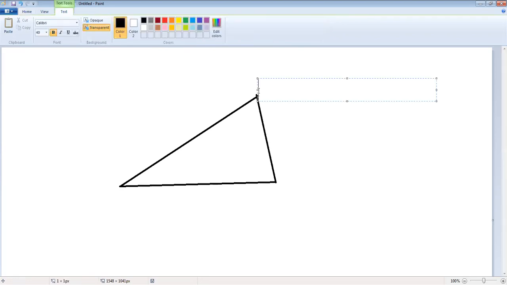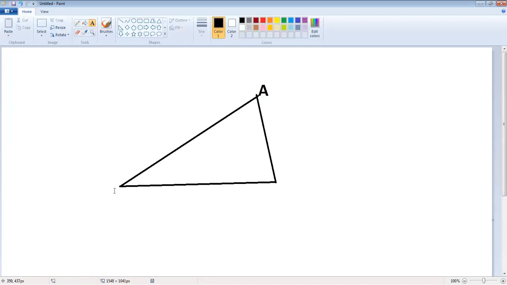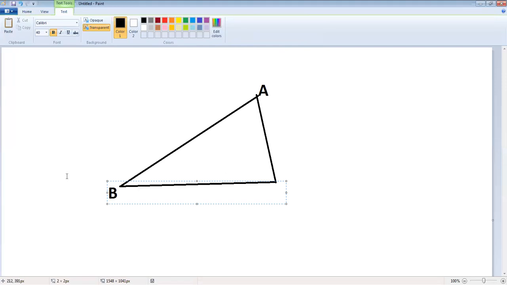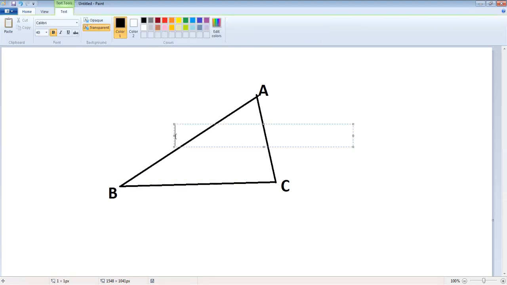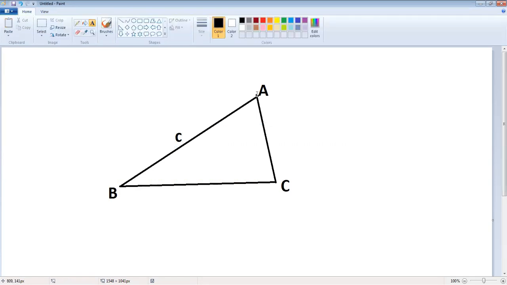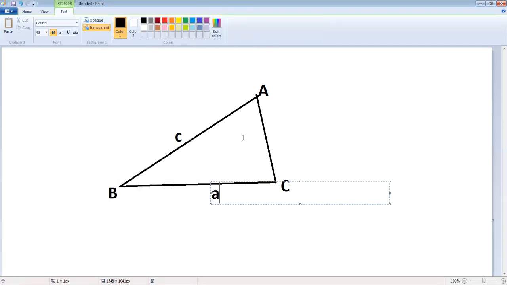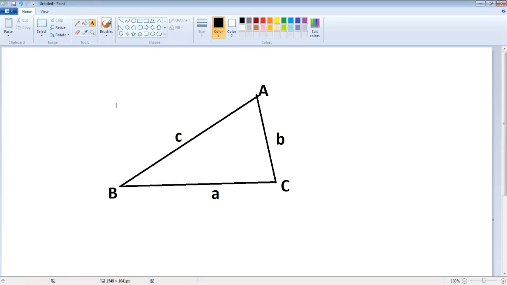Let me label this end A, this end B, and this end C. Okay, so now the side that is right in front of the angle C is called side C. The side that is right opposite or in front of angle A is called side A. And similarly, in front of B is the one which is called side B. Now, these are the three sides and angles that we have for any triangle.